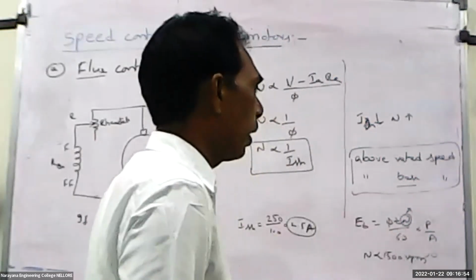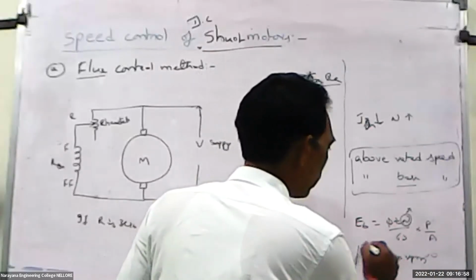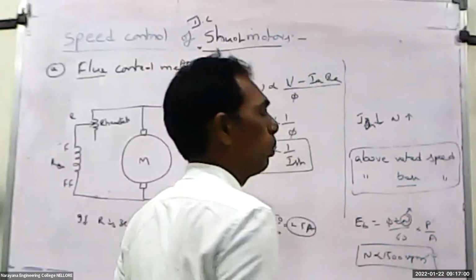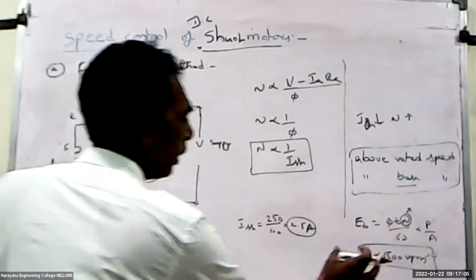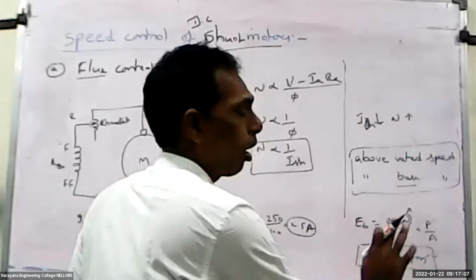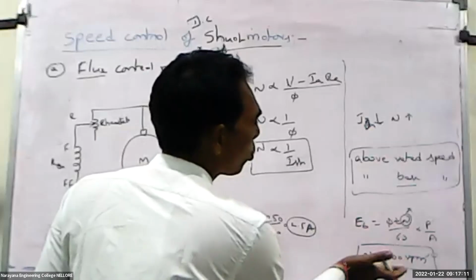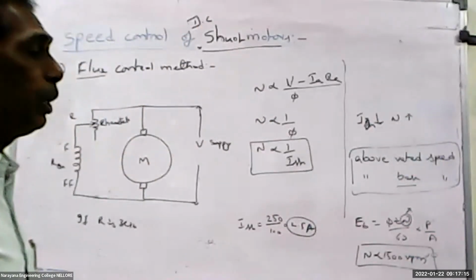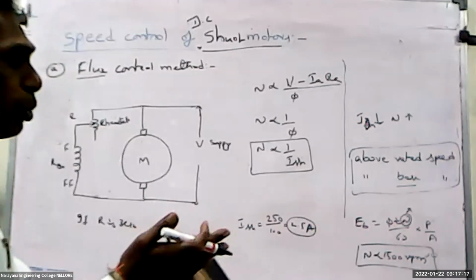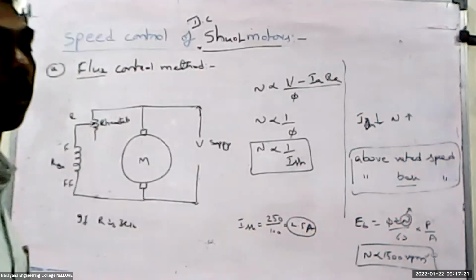By considering all these things, in general cases, the speed of any motor, a shunt motor or DC series motor, is called the rated speed or base speed. This method is more suitable for above rated speed, that means speed is controlled between 1500 and 1800 or 2000 RPM.